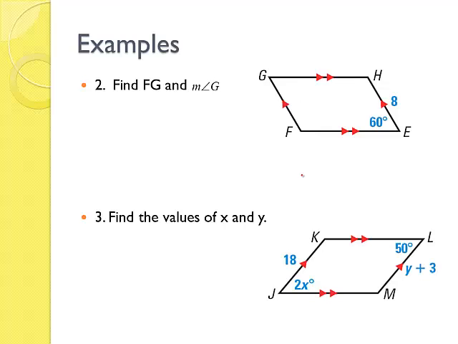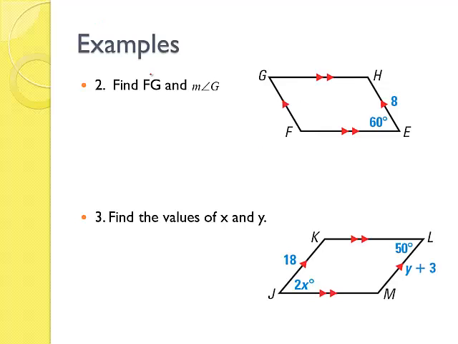Number 2, find FG. Again, we know it's a parallelogram based off of the labeling. We have two pairs of opposite sides that are parallel, which means we can establish that it's a parallelogram. That means all of the theorems associated with a parallelogram are true.